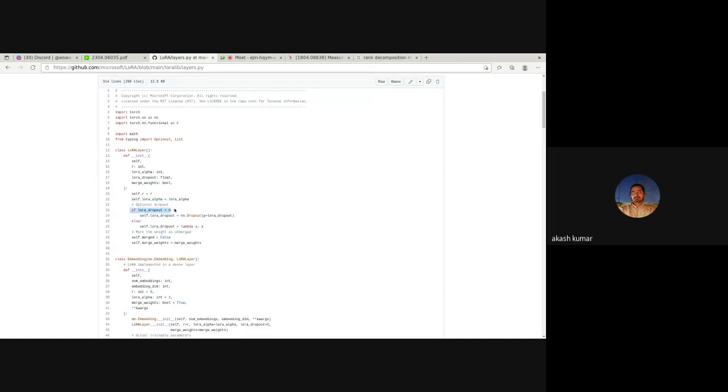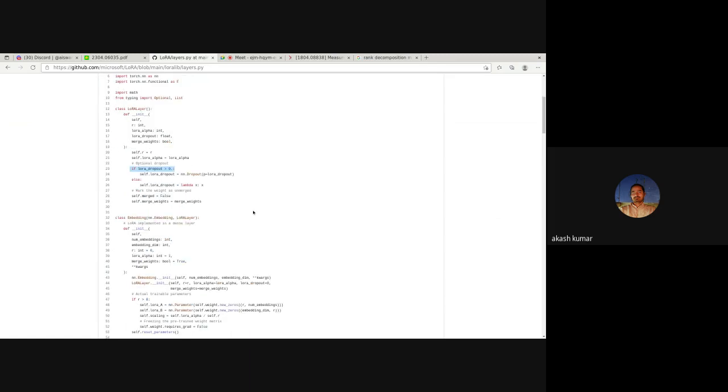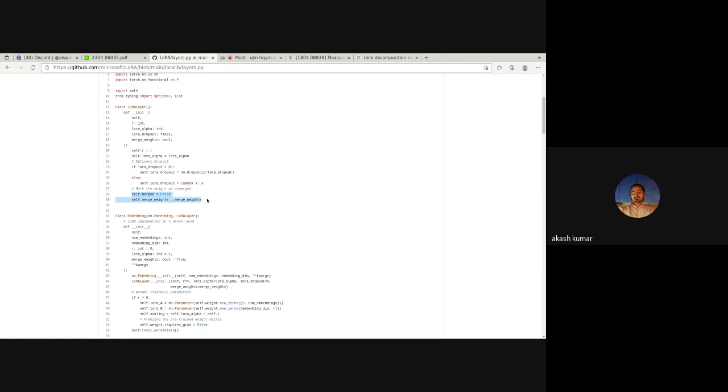There's a LoRa dropout, basically the dropout for the matrices involved in the LoRa layer, and these two variables I'm not sure about, but I have some thought. I'll discuss that later. They are used to toggle behavior at train and test time. And merge weights is basically about whether you want to add the updated weights of LoRa to the matrices. So yeah, I'm still not sure about that.